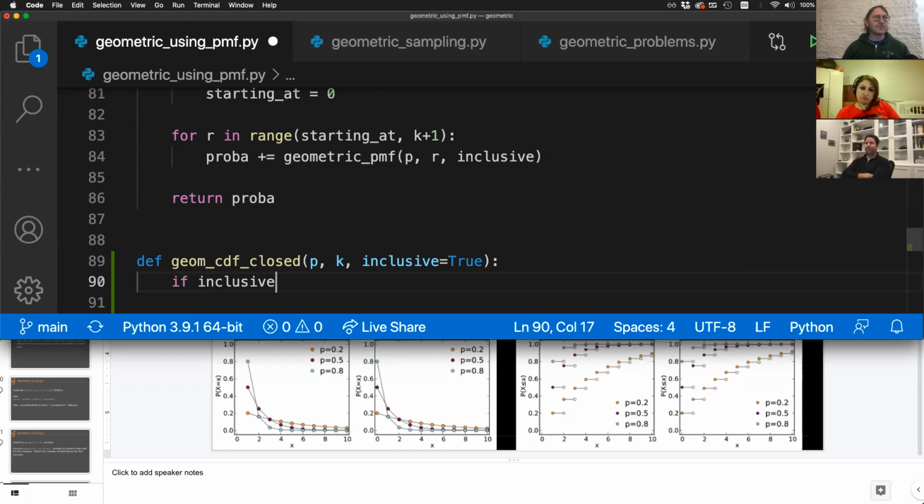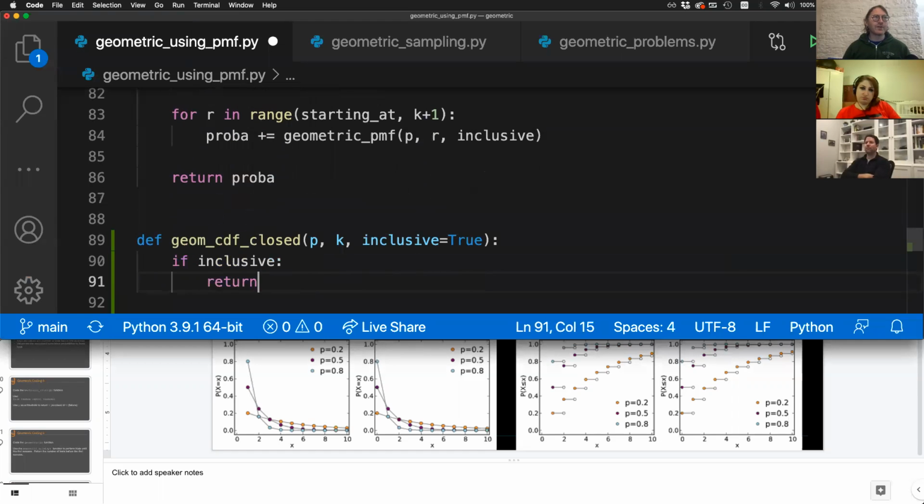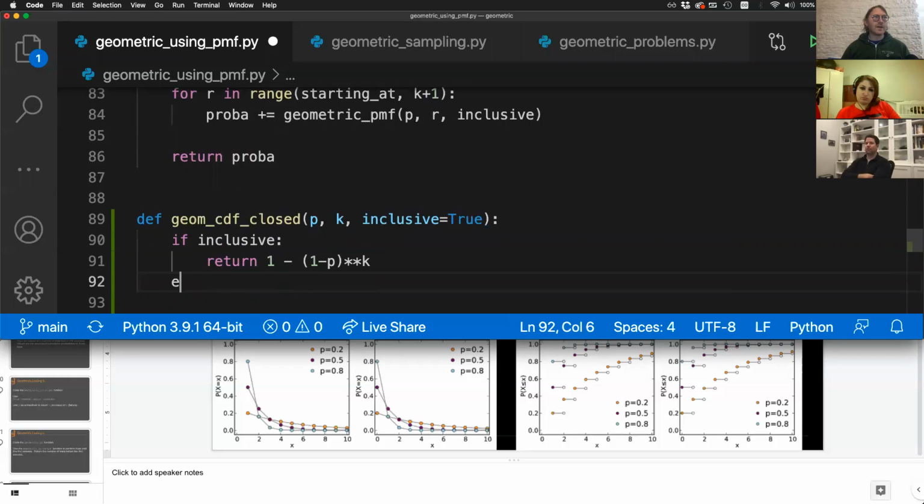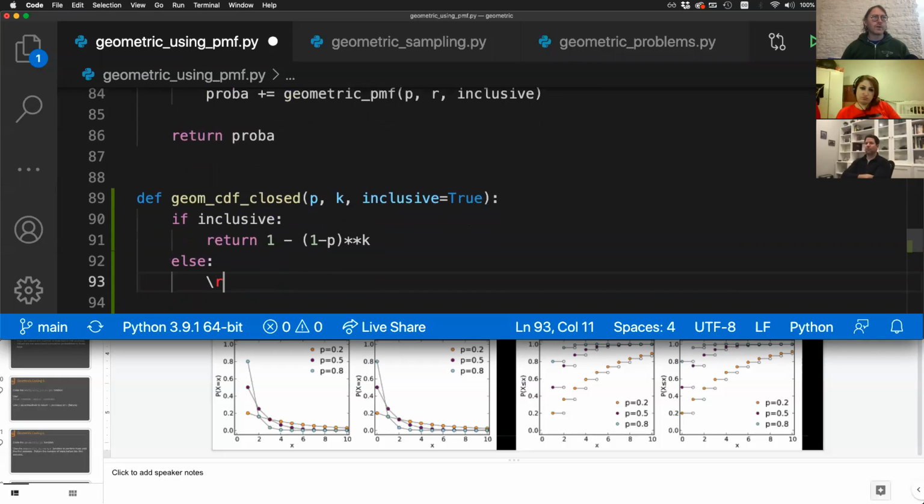And if it's inclusive, right, this does not look very much different from the PMF function that we wrote. It's a very simple function, right? So is that right? 1 minus P to the K, 1 minus P. Yeah, that's right. Okay. And otherwise, we're going to return a slightly different version of this. Instead of K, it's going to be K plus 1.